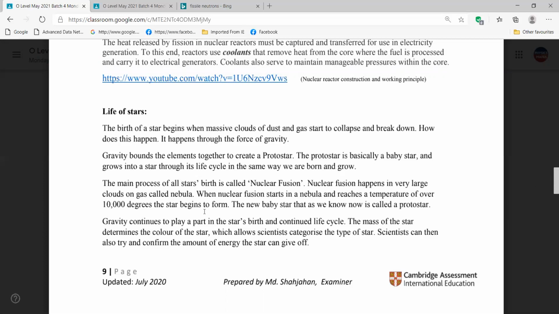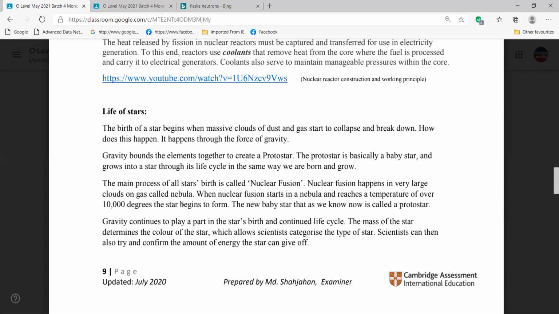Is it clear? Yes, sir. So these two things you note down for the birth of a star. We need the force of gravity which bounds the elements together to create a protostar.